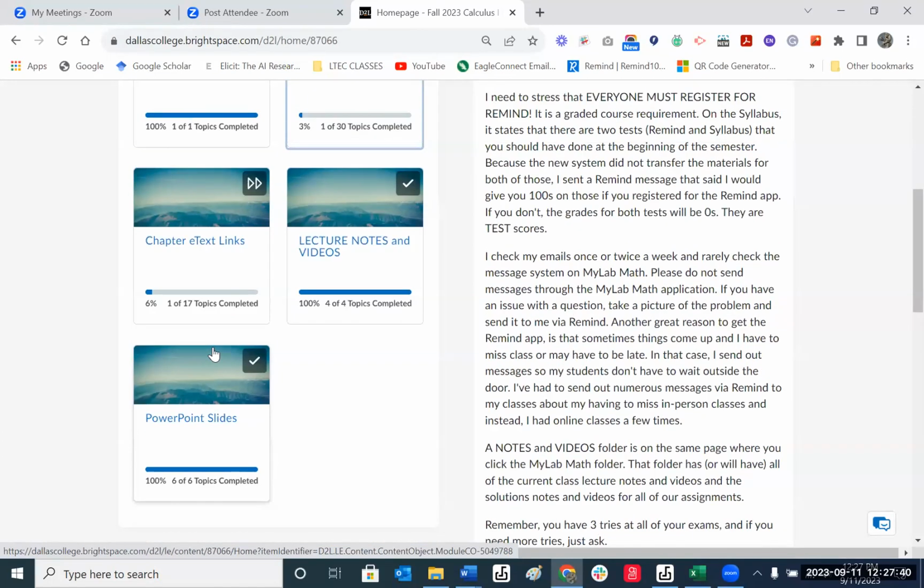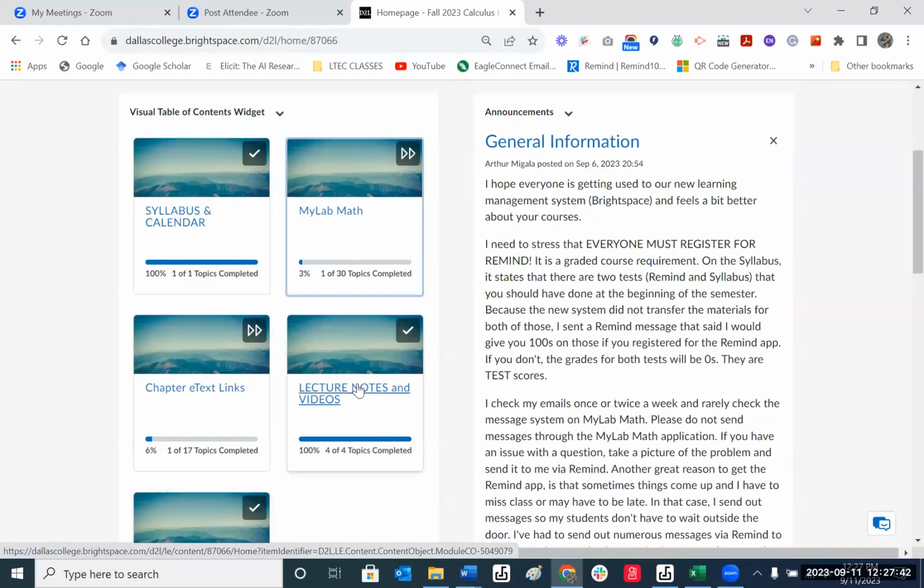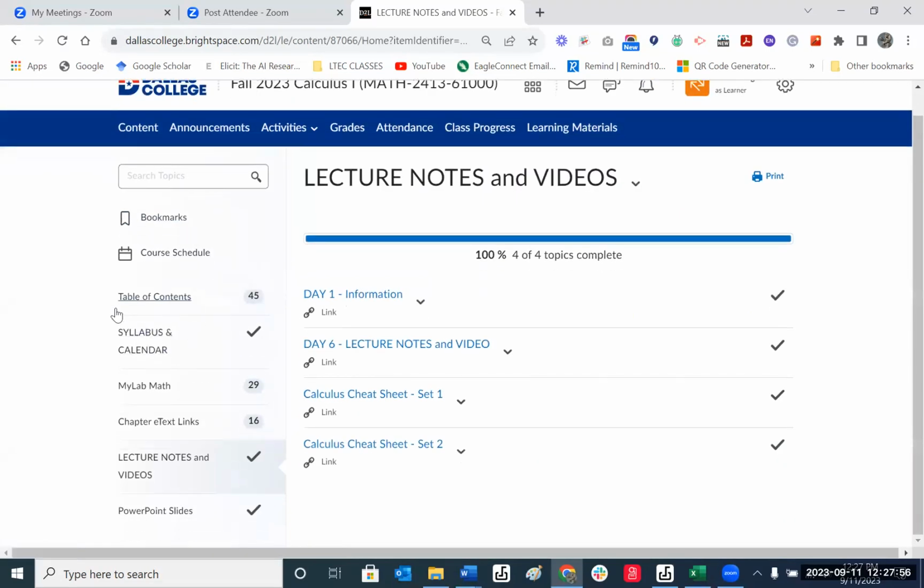More power to you, but you don't need them, because I summarize it all for you. This is where I'm going to post everything. There's your textbook, there's the class. You can also start surfing around on the left-hand side. You have your PowerPoint slides, your notes, everything you need right here.